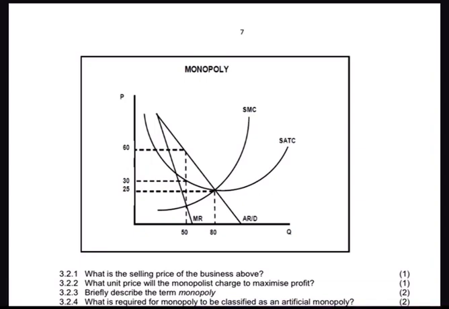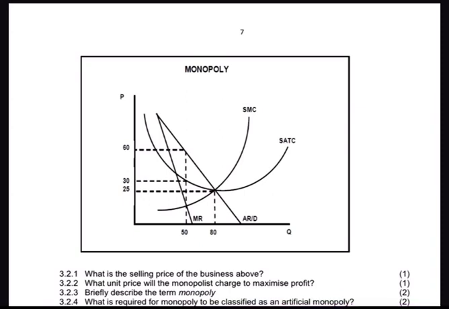For a monopoly to be classified as an artificial monopoly, there must be a creation of external factors such as government regulations, patent, exclusive rights to grant a firm control over the production of sales. I hope that makes sense.